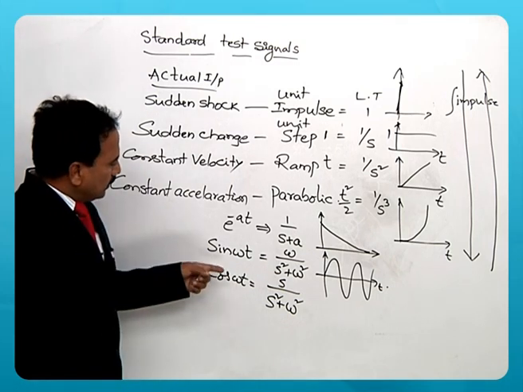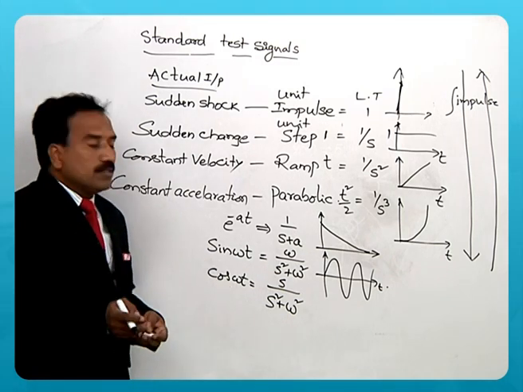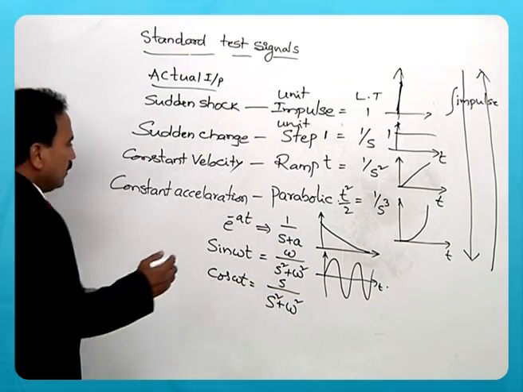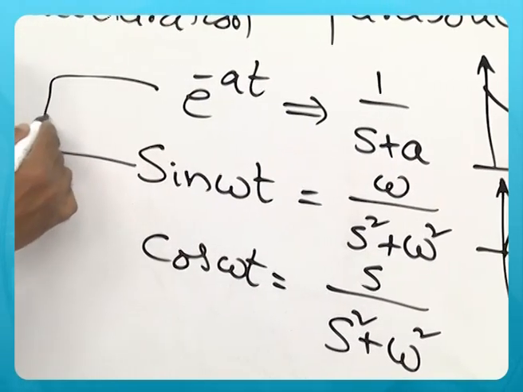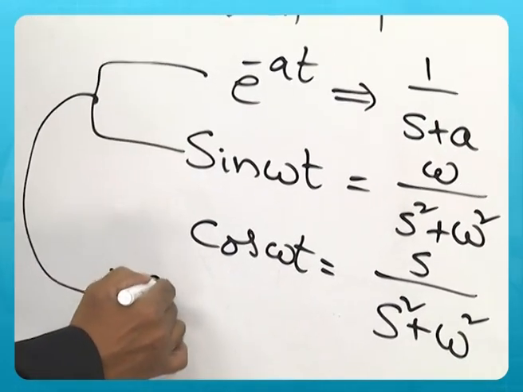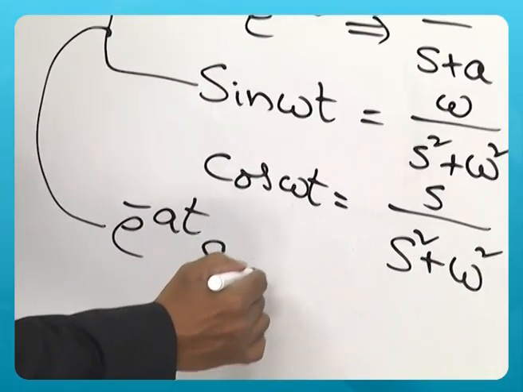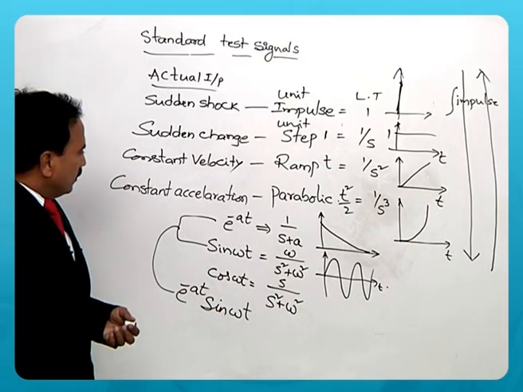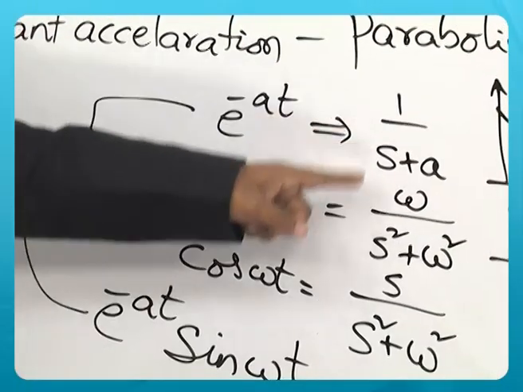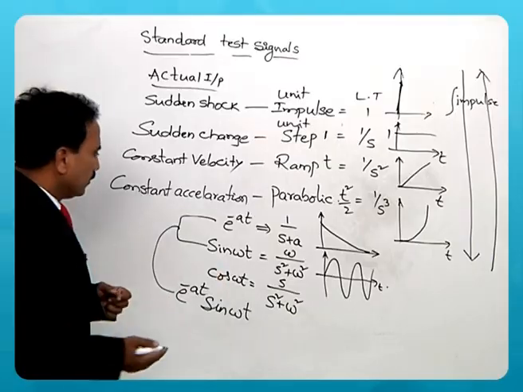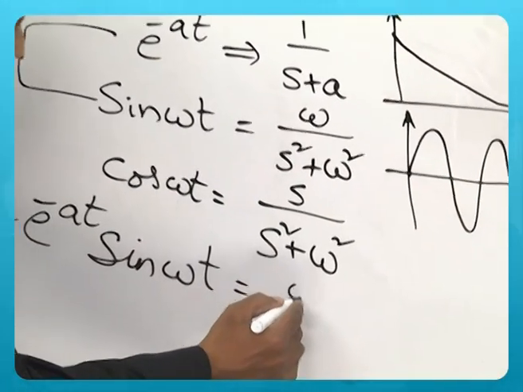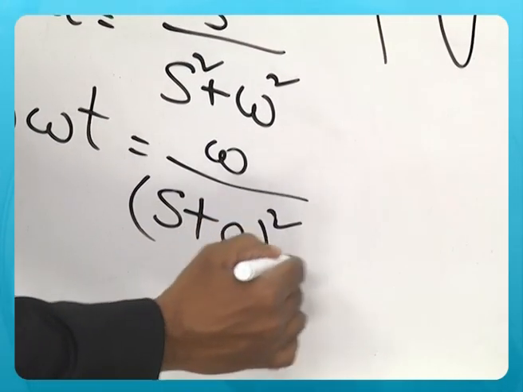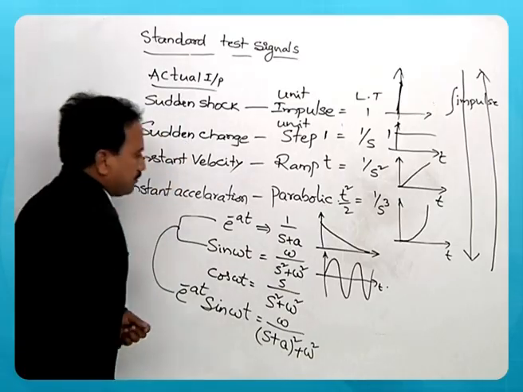So you know that sine and cos have a 90 degree phase shift. You may find a signal that is a combination of these two, e power minus at sin omega t. Then you need to combine these two functions. So it becomes omega by (s plus a) whole square plus omega square.